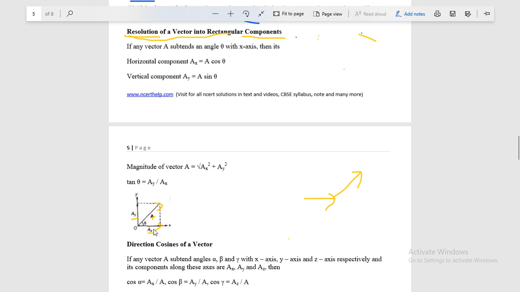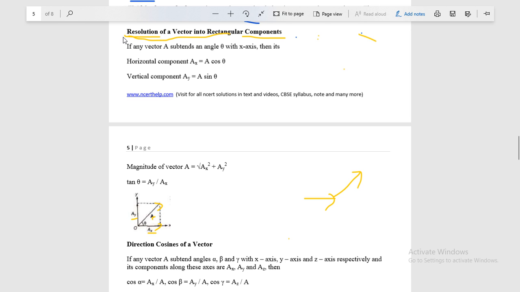So in this diagram you can see this vector A is broken into two different vectors AX and AY, and these two are perpendicular to each other. The process by which this is done is known as vector resolution.